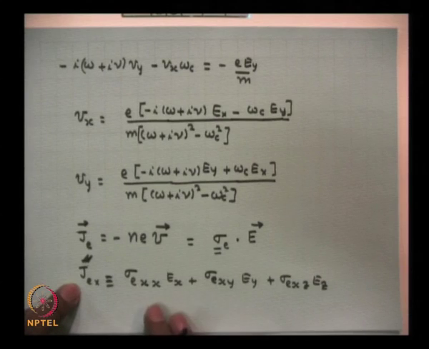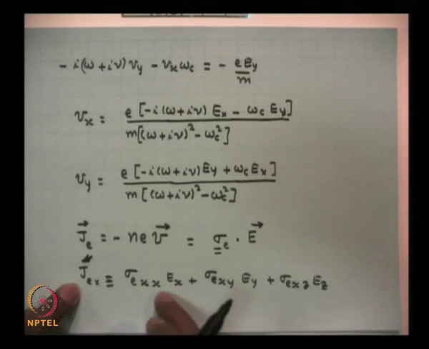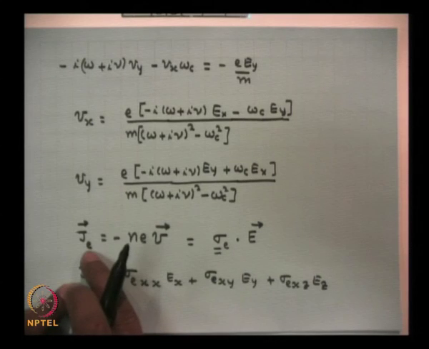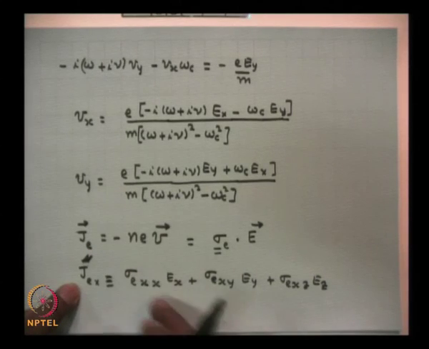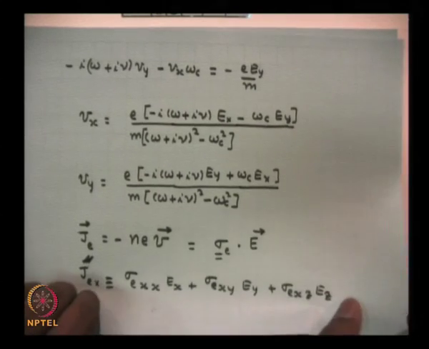So if you compare the coefficients of Ex in the x component of current density, you will write down the value of sigma Exx, sigma Exy, sigma Exz, and if you evaluate these quantities, you get this expression.